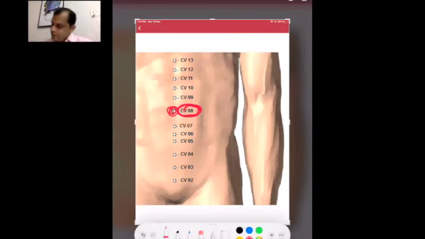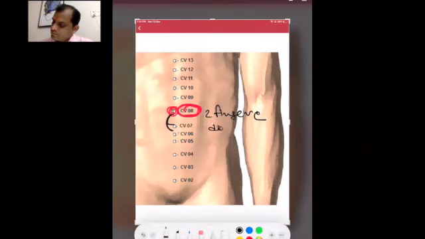From this CV8, if we go just 2 fingers down, then we have the location of the CV6 point.